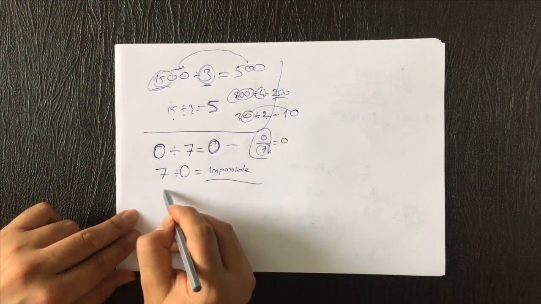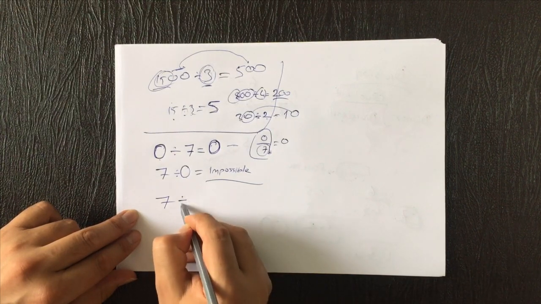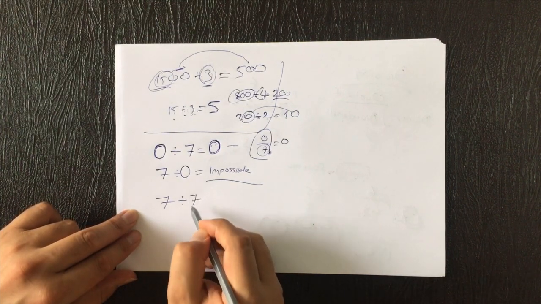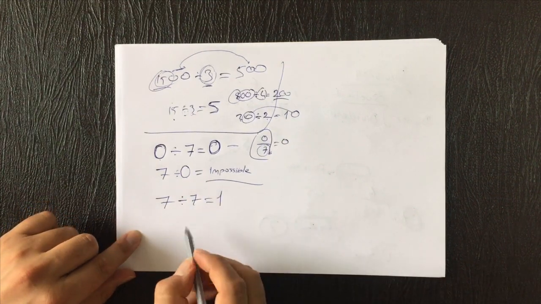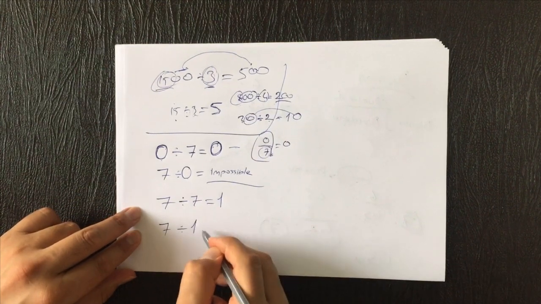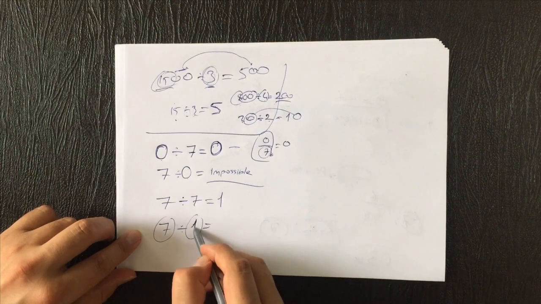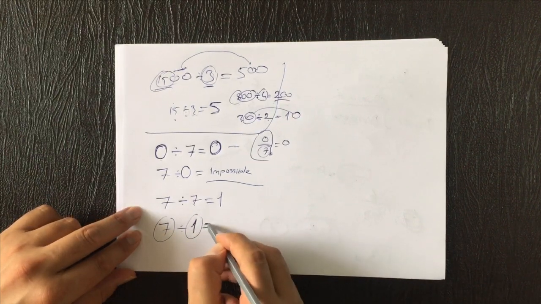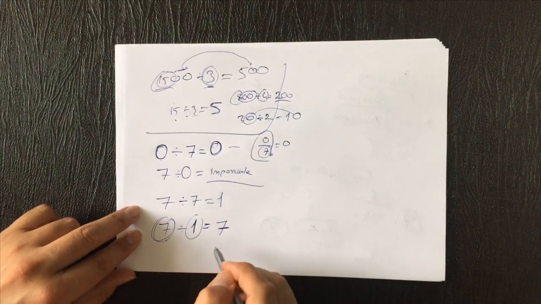Okay, then 7 divided by the same number, 7, it's always 1. And 7 divided by 1, if you divide any number by 1, you always get the number itself, it's 7.